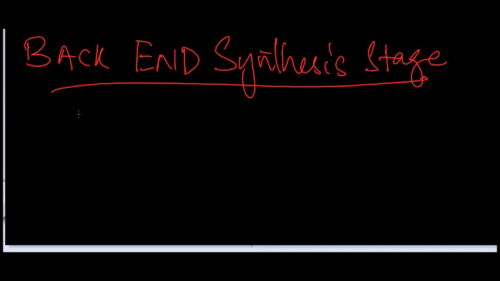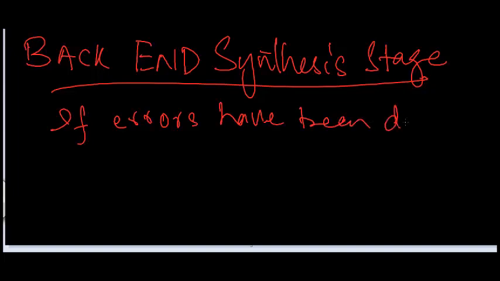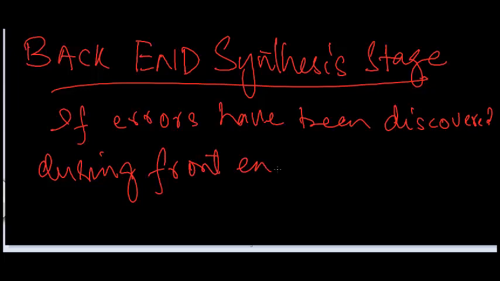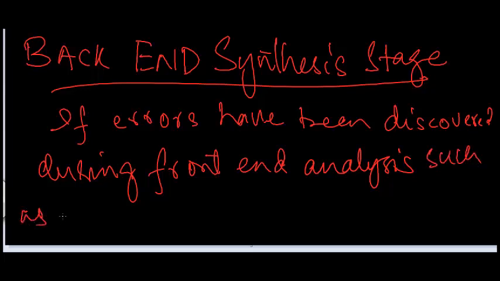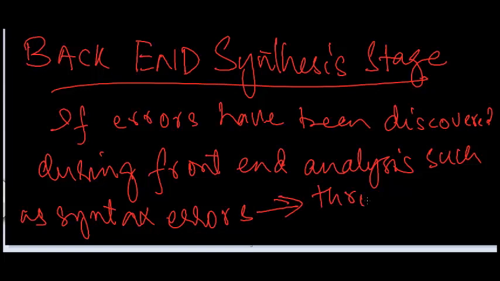Okay, so if there are errors in the program that have been discovered during the front end analysis, such as syntax errors, then the only job during the back-end synthesis stage is to throw out a list of errors.